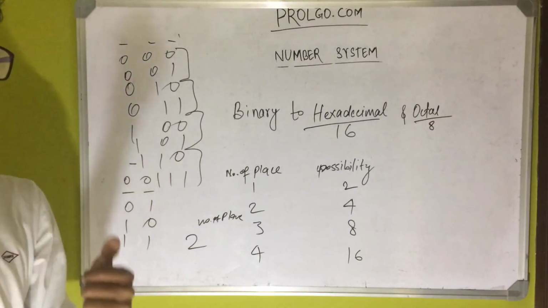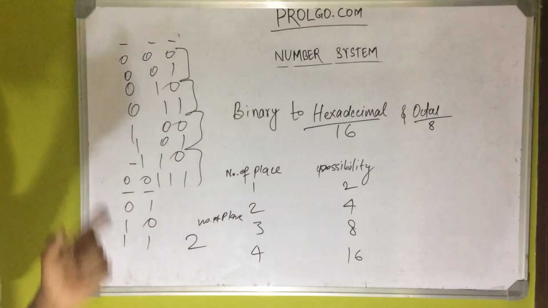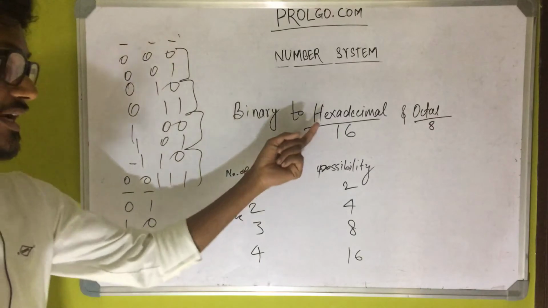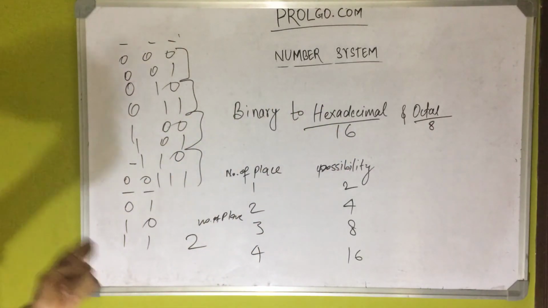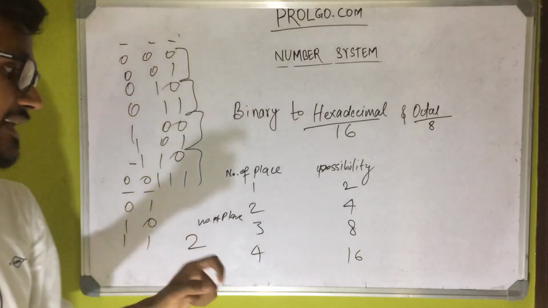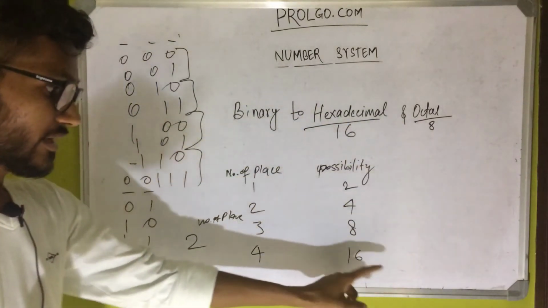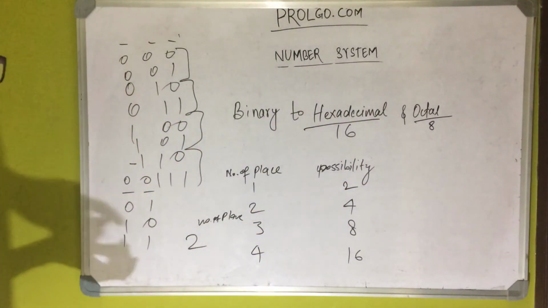Sometimes people get confused about how many bits to take for hexadecimal, either 3 or 4. This is the most common confusion. If you remember that hexadecimal has 16 digits, then it's clear that you will require 4 bits, and if it is octal then you will require 3 bits. Now I will tell you how to convert.